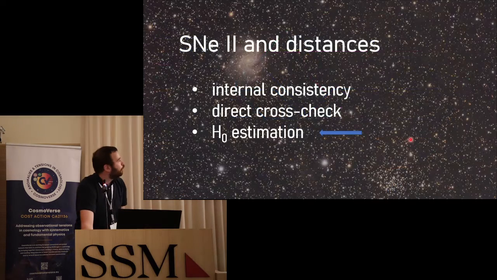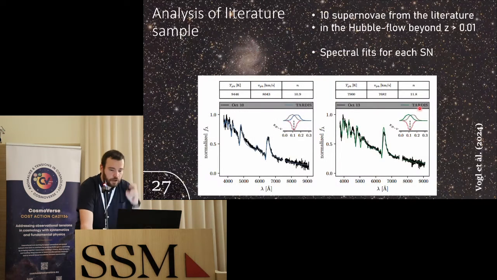All right, and for the last 5 minutes, I want to talk about how we can estimate H0 and what the current stance is. So my supervisor did a literature dive to try to estimate H0 solely based on data that has already been available. He found 10 supernovae in the literature that were situated in the Hubble flow, had good enough constraints on when they exploded, and had good enough data for the modeling.